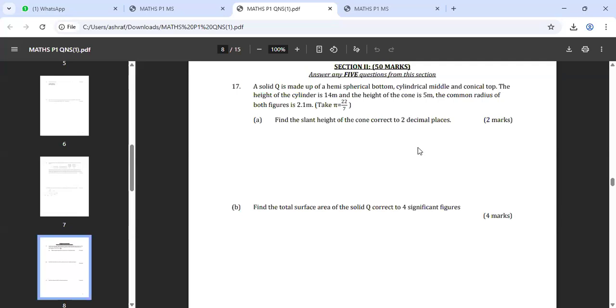For the cylinder, that is 2 pi r h. Just continue. Then the conical part.